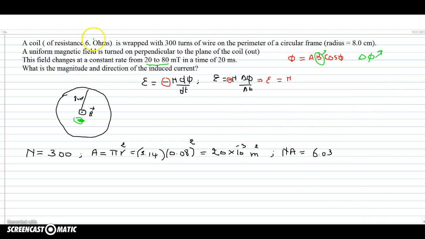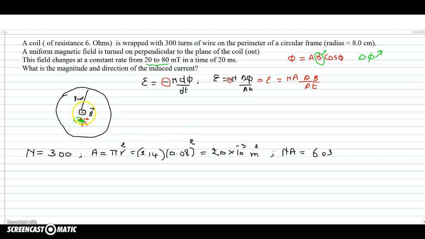So now let's change it again. This is N delta phi, so this is A, then delta B over delta t. Now what is cosine theta? Well, it's 0, because B and A are parallel.